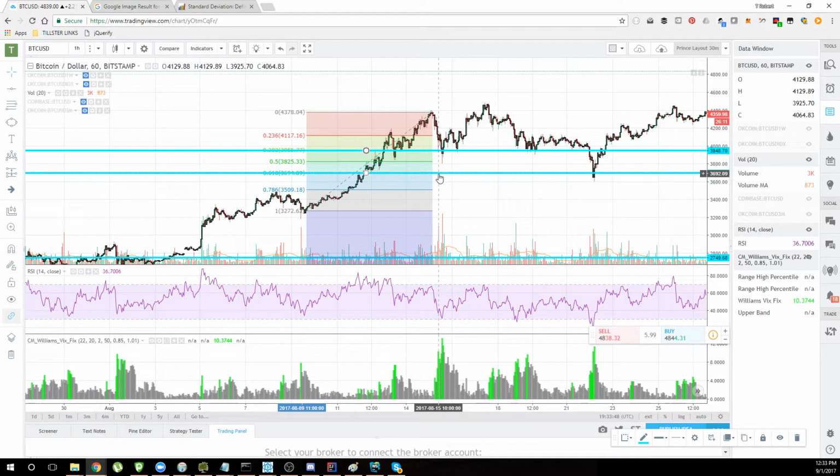Could we have guessed that it might come down to the 61.8 mark? Yes, 38% of the time and 61% of the time. I'm sorry, excuse me, other way around. 61% of the time and 38% of the time, we absolutely can expect that would happen. We can expect that this will happen 61% of the time. We can expect that this will happen 38% of the time. We can expect that this will happen 23% of the time, etc.